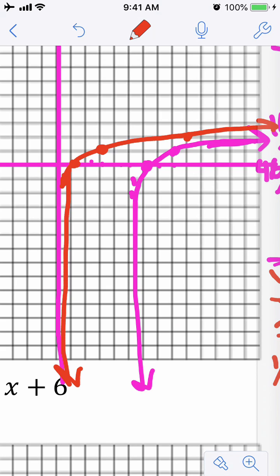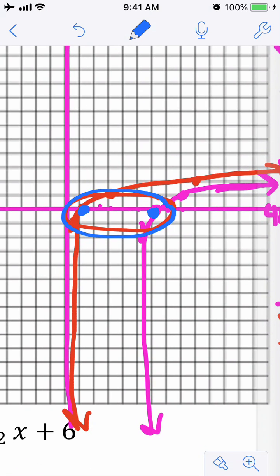Compare those two. How is the pink one related to the red one? Looking specifically here, let's track it. So if I look right here, then from 1 to 6, how far over did that go? That went to the right. To the right 5 spaces.